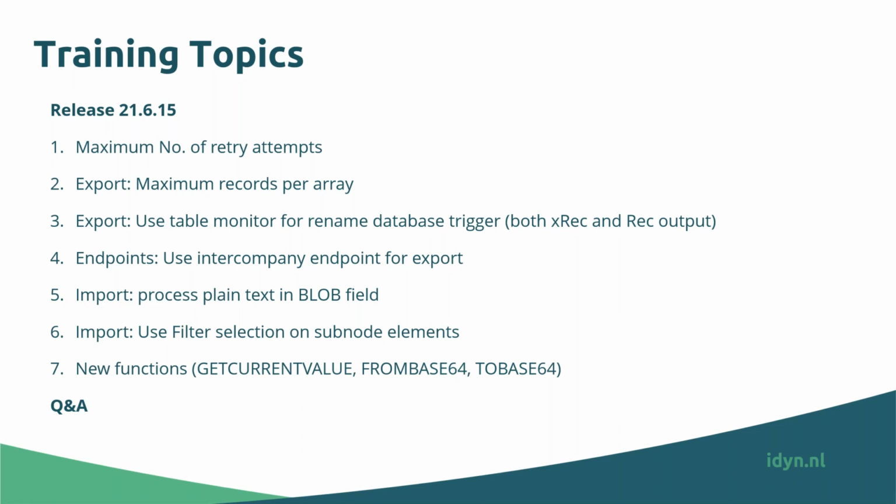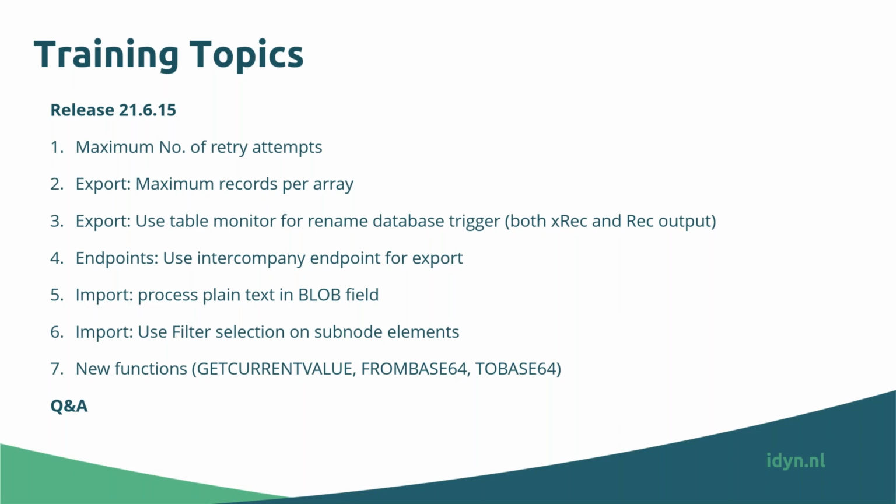In this release, we had the addition of the maximum number of retry attempts to allow us to retry existing import or export entries without any user intervention, which can be interesting if you have some logs in your database to retry again, so that the process can still run completely automated.